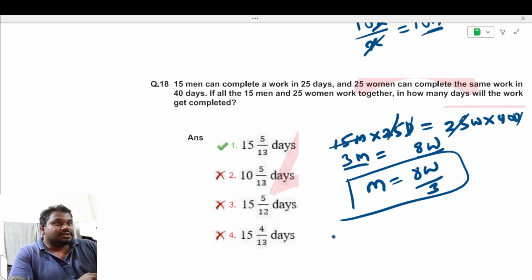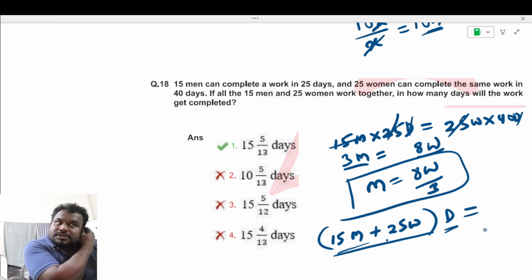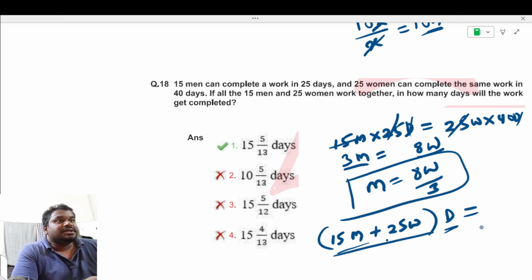See, if all the 15 men and 25 women are working together, into D, M1 into D. See here in case of M, men, I have added men and women because it is the total force. So they took some D number of days as an assumption. So in how many days will the work get completed?